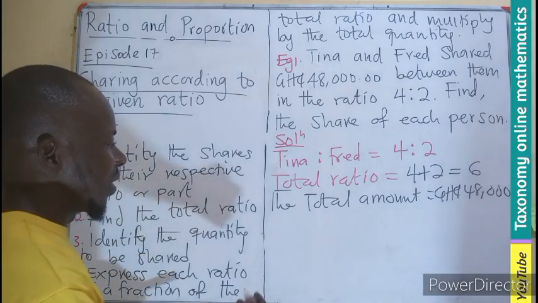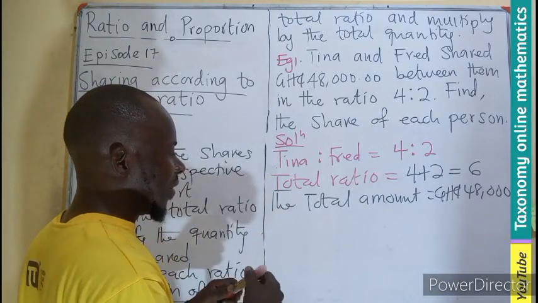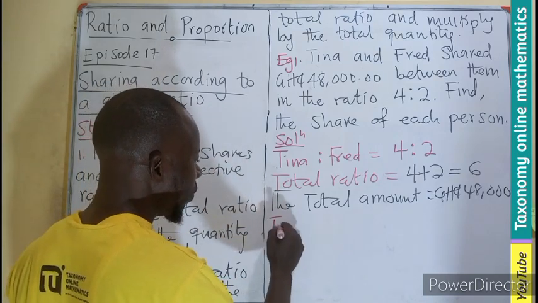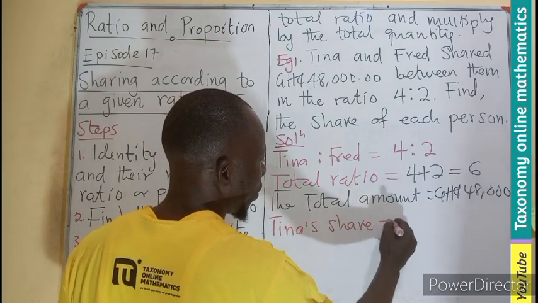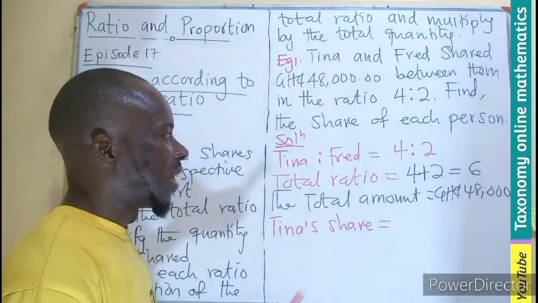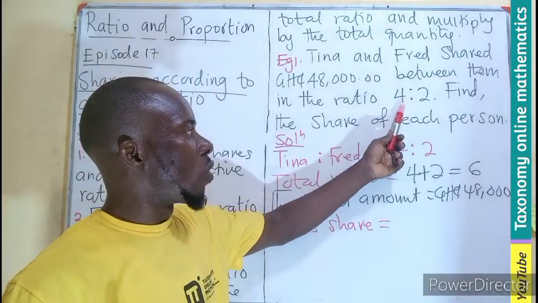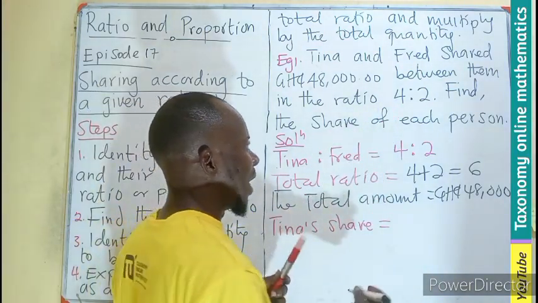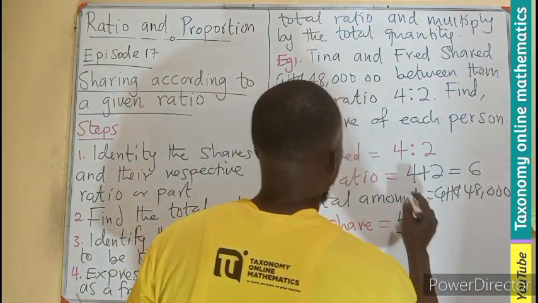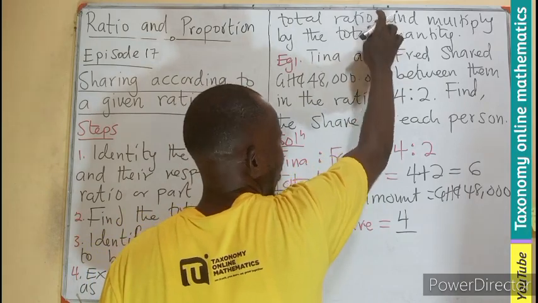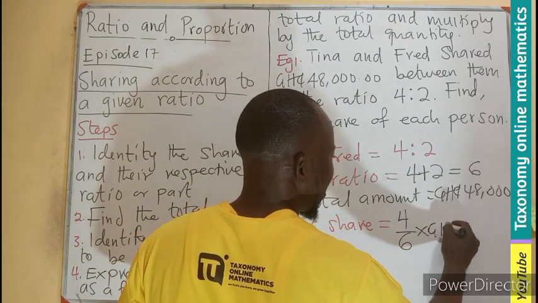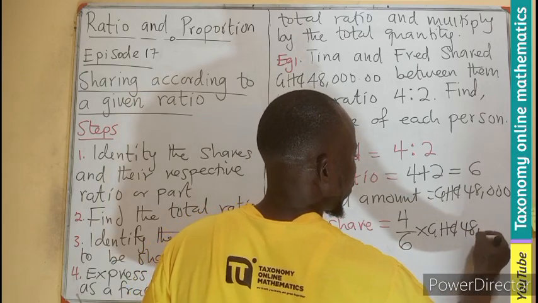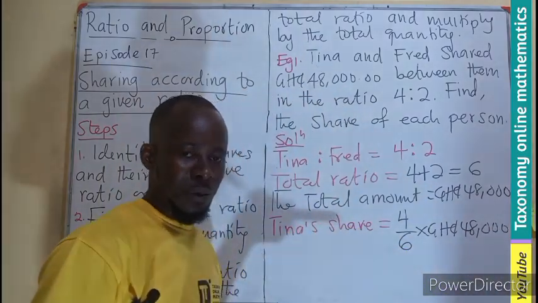So the first thing is Tina's share. Tina's share is going to be, what is the ratio corresponding to Tina? That is 4 as a fraction of the total ratio, which is 6, multiplied by the quantity to be shared, 48,000.